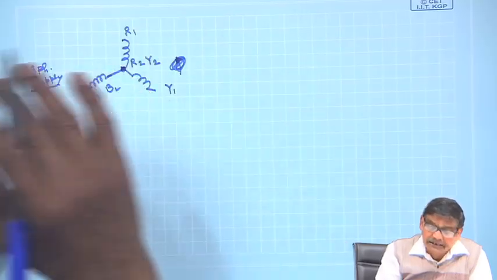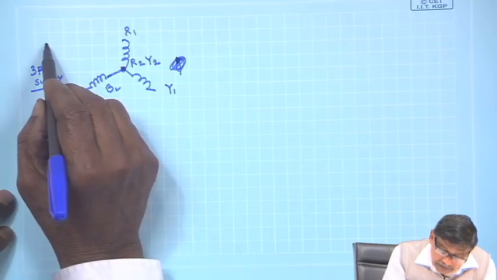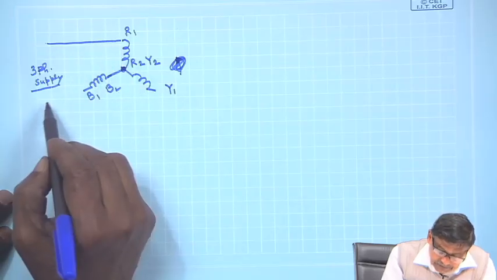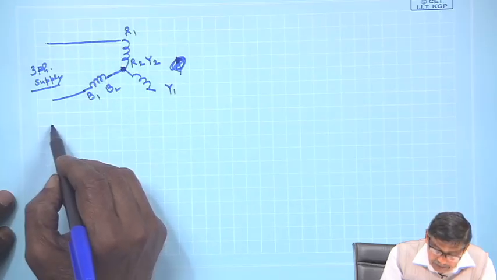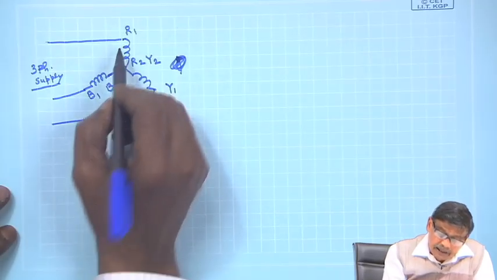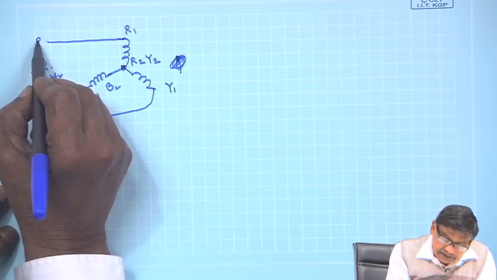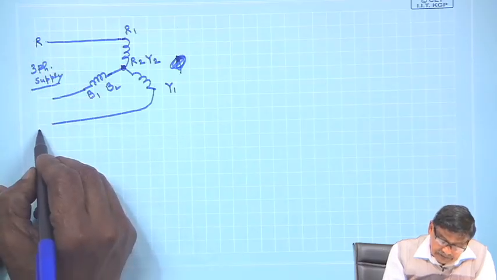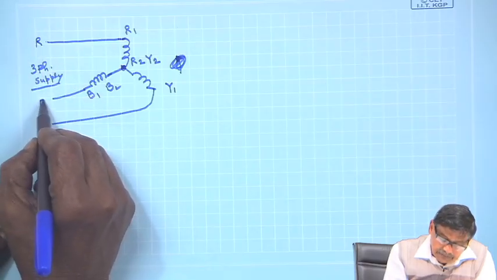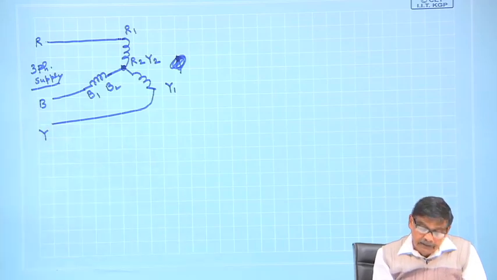Let us assume the stator houses this balanced 3 phase winding, and I will connect it to a 3 phase supply. Suppose the supply phase sequence is R, Y and B. R Y B is the supply terminals.